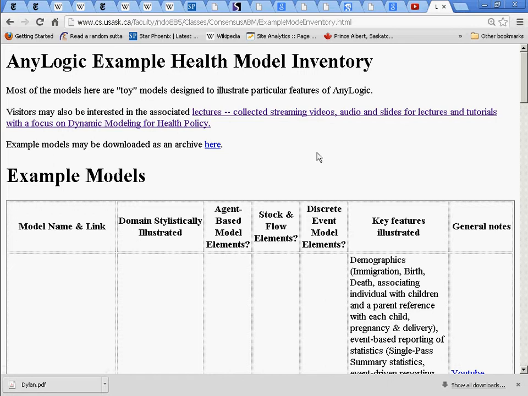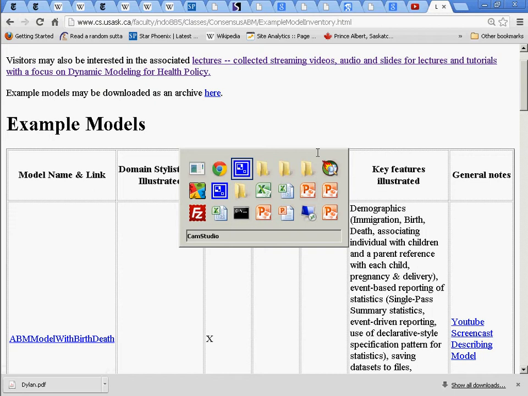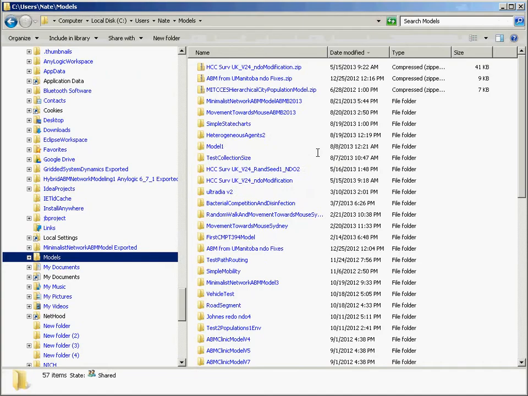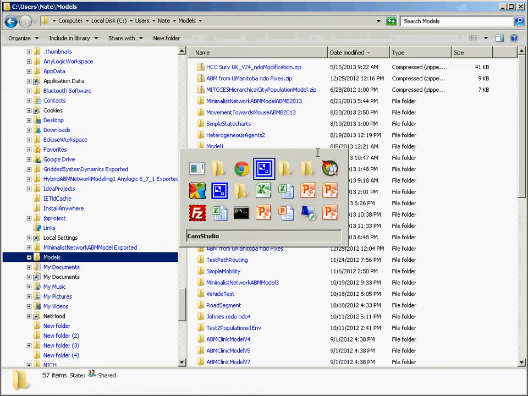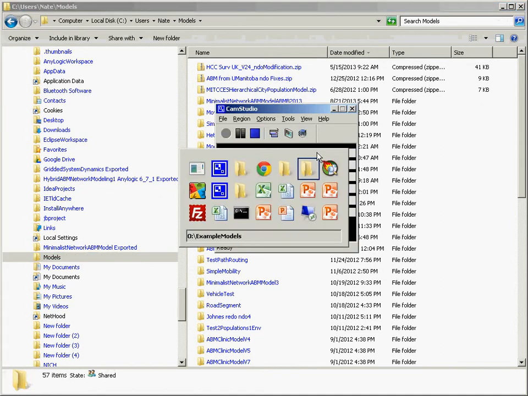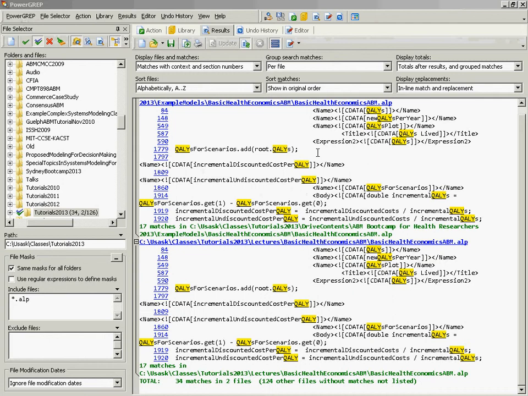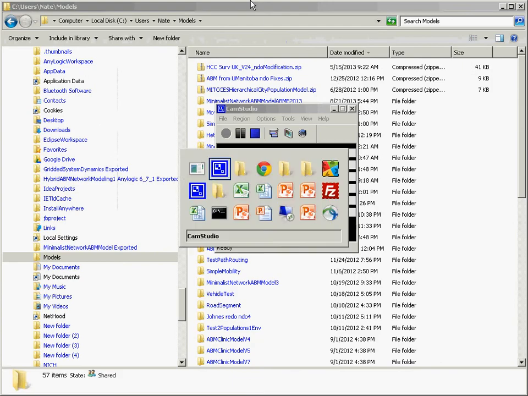So I'd like to take a look at a couple of these models, try to highlight a few of the key points in the models, the key nexuses, as it were, of where several techniques come together, or other points of special note.